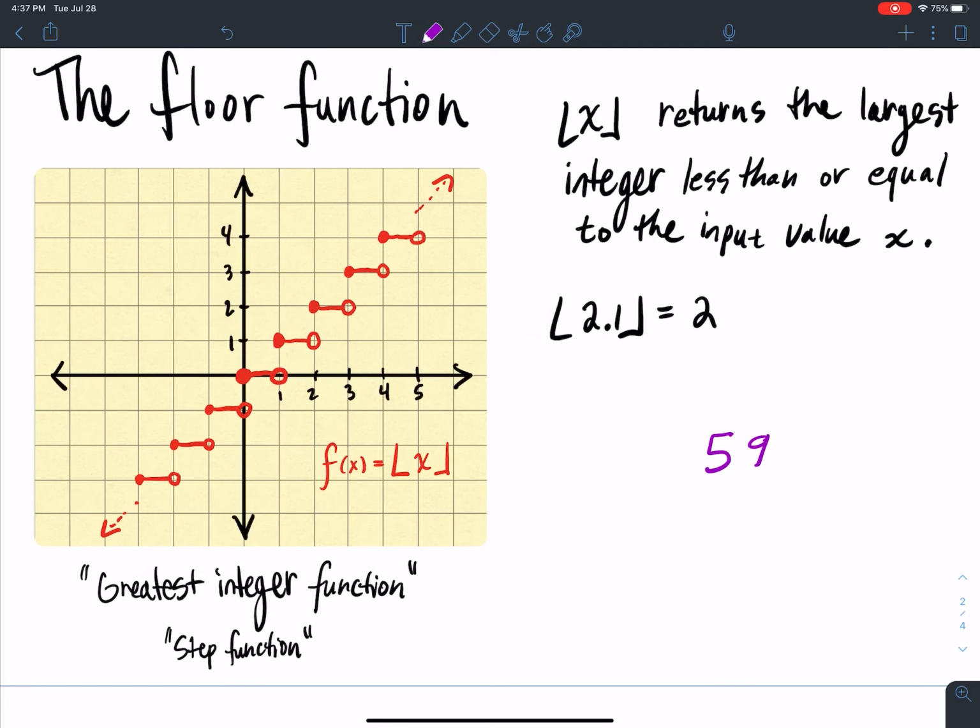No matter what your input is in here, it will always spit out 2 until you finally reach 3, and then it takes a jump up to the next level, and then it will always spit out 3 until it takes the next jump to the higher level. So I just think of it like a Coke machine.